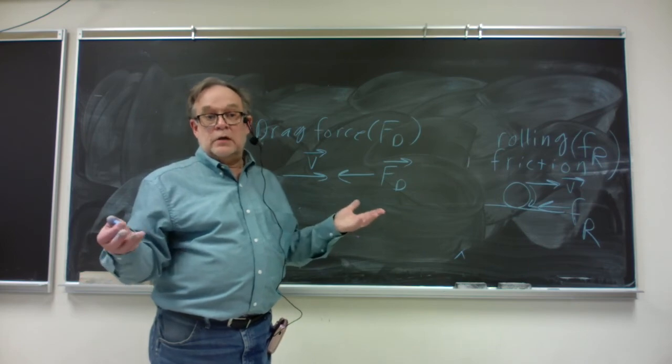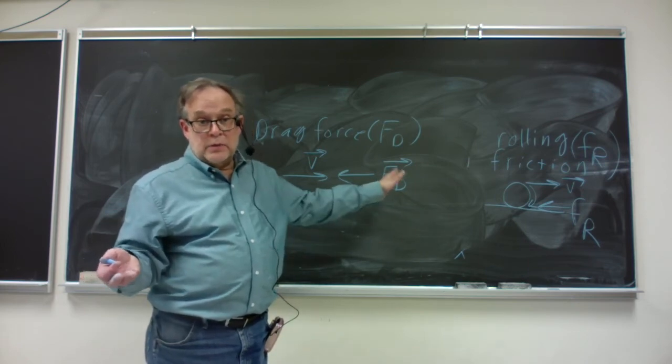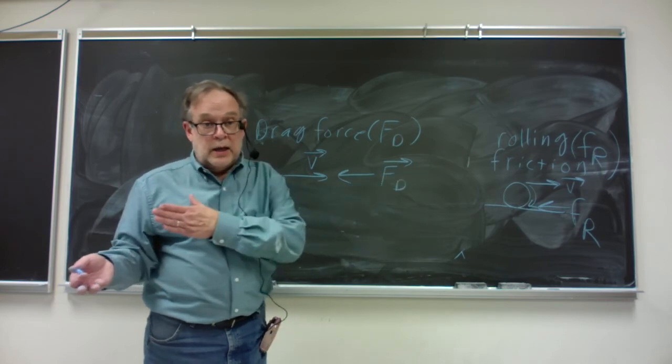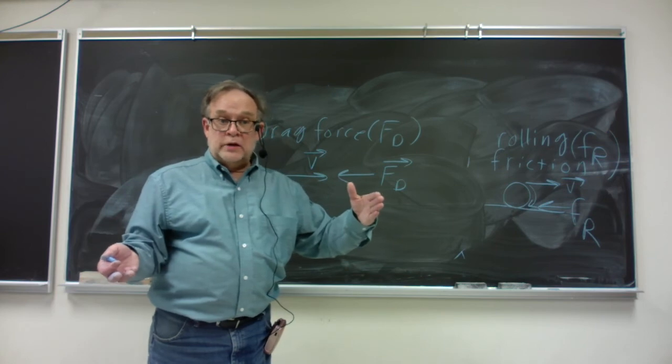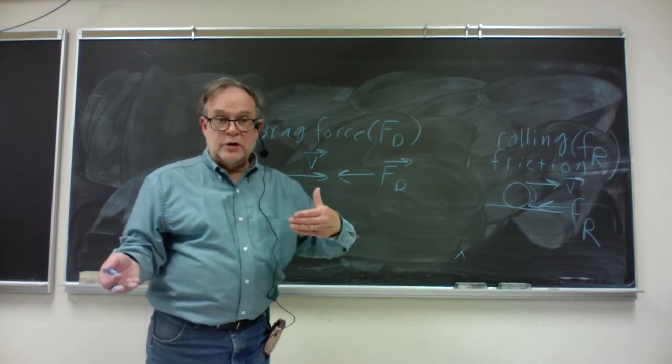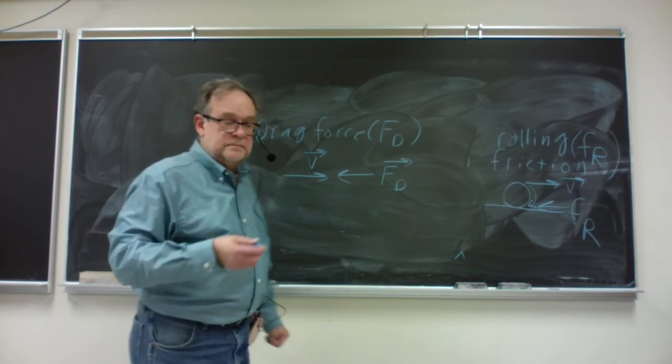So you have to move in order to collide with air molecules. You have to be moving in order to get a drag force. And if you're moving faster, well, you'll hit those molecules harder, and they'll hit back on you harder. And as a result, the drag force gets stronger.